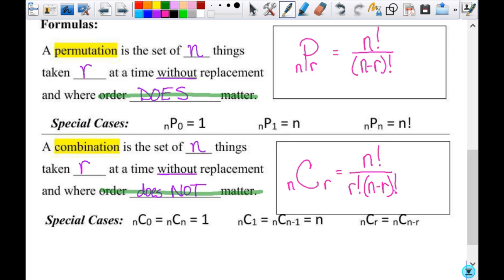So I want you to think of something. If I was going to think about permutations and combinations, and I'm going to use the same n and r, even the same situation. Let's say I'm making a seating chart, and I'm going to do a permutation to sit y'all down, or I'm going to do a combination to sit you at your table. What do you think has more possibilities, a permutation or a combination?